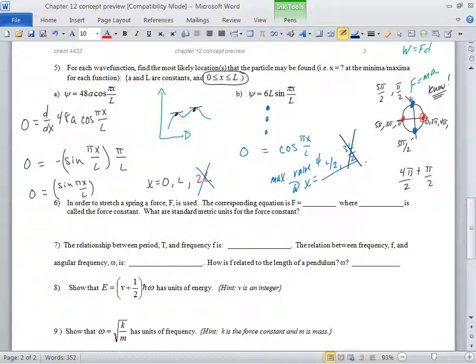In order to stretch a spring, a force F is used. Who remembers their general physics? F equals what times what, stretching a spring? Kx, where K is called the force constant, or spring constant. What are the standard metric units for that force constant?